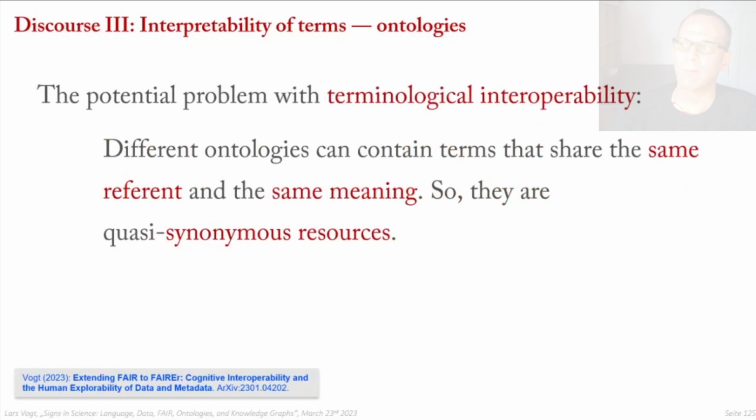But there are many problems still there that we have to take care of. So one problem is the problem of terminological interoperability. So different ontologies can contain terms that share the same referent and the same meaning. So they are quasi-synonym resources.